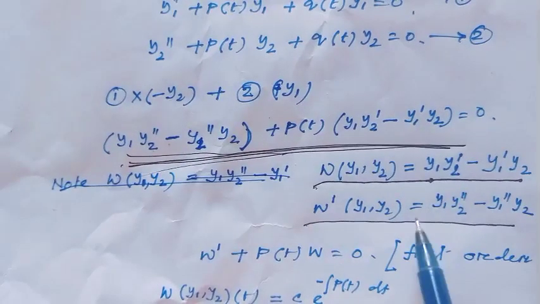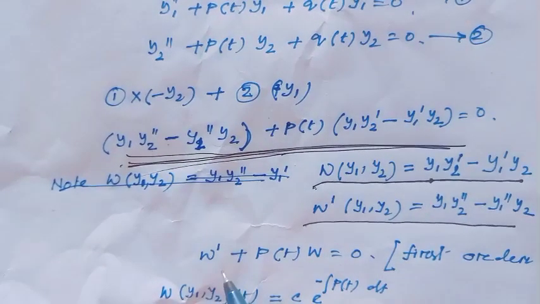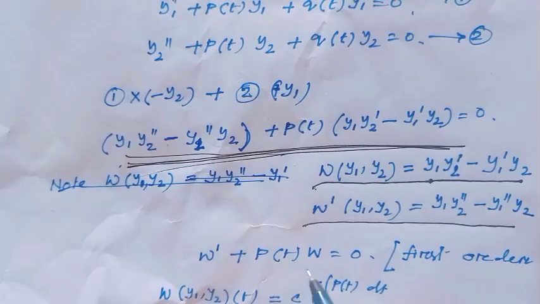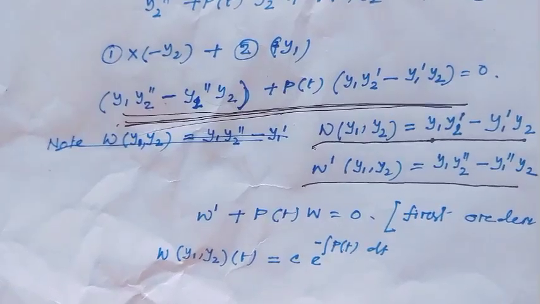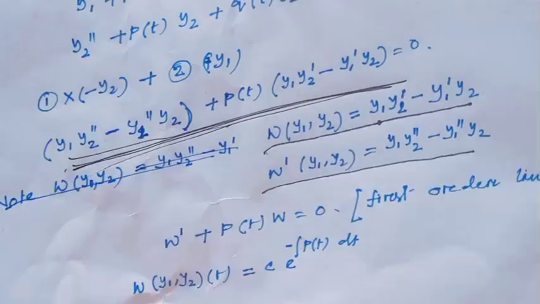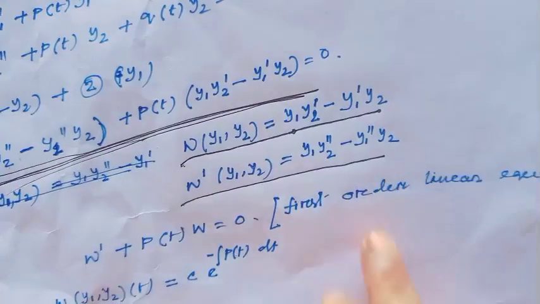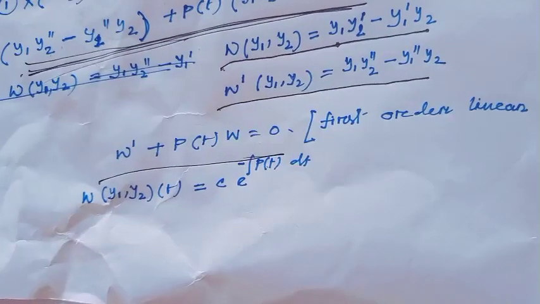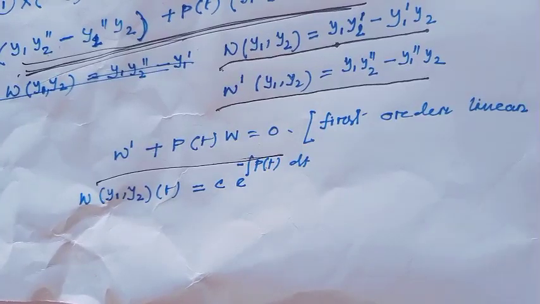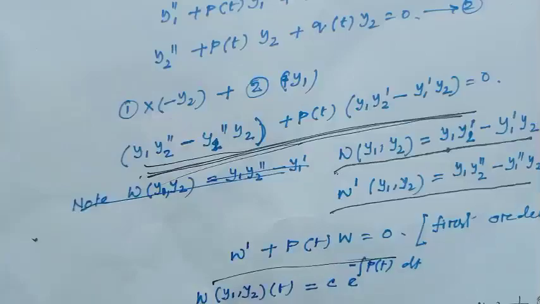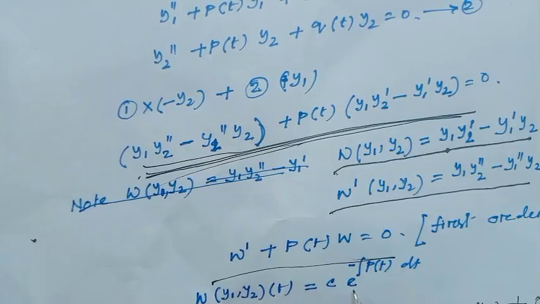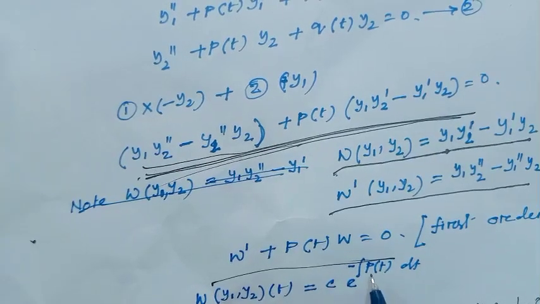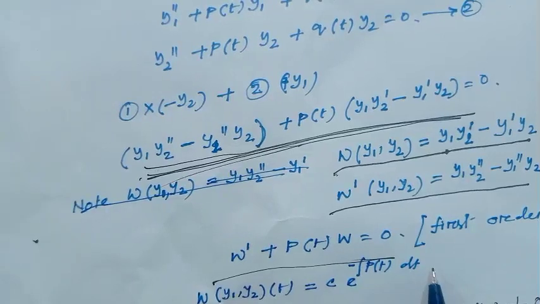If we put in the values, this would be W' + p(t)W = 0. Obviously this is a first order linear equation. Therefore, by this equation, I will get the solution of this type: W = c e^(-∫p(t)dt).